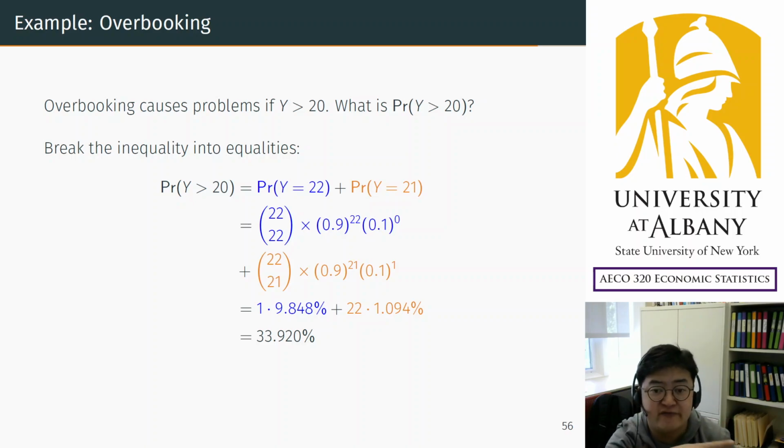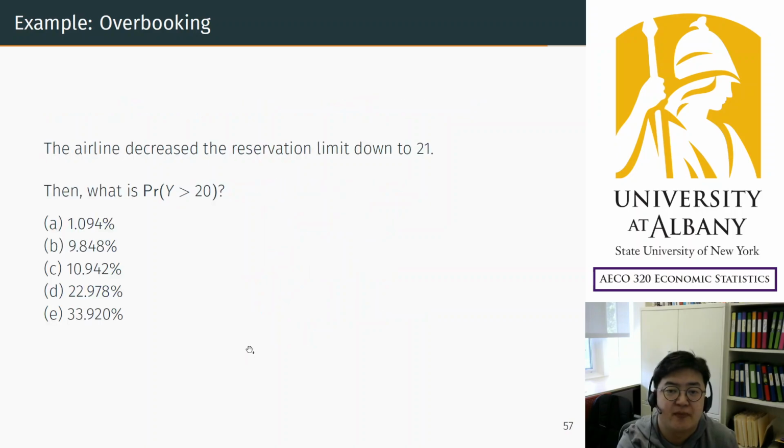So it can be 1 of 22. So there are 22 possible scenarios, and each of the scenarios has this much probability. So in the end, the probability that overbooking causes a problem is 33% in our example. So the probability is pretty large. Almost one third of the flights will have trouble flying passengers.